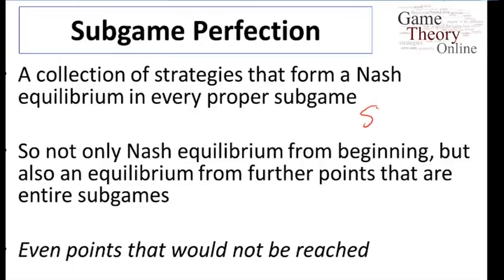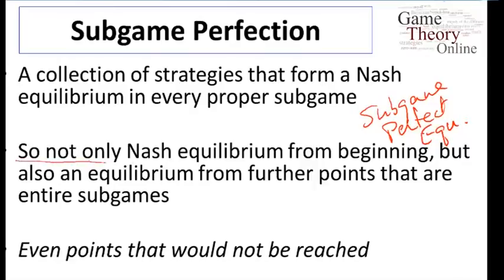And what is it? It's a specification of strategies that form a Nash equilibrium in every proper subgame, including the original game itself. So it has to be not only a Nash equilibrium from the beginning.